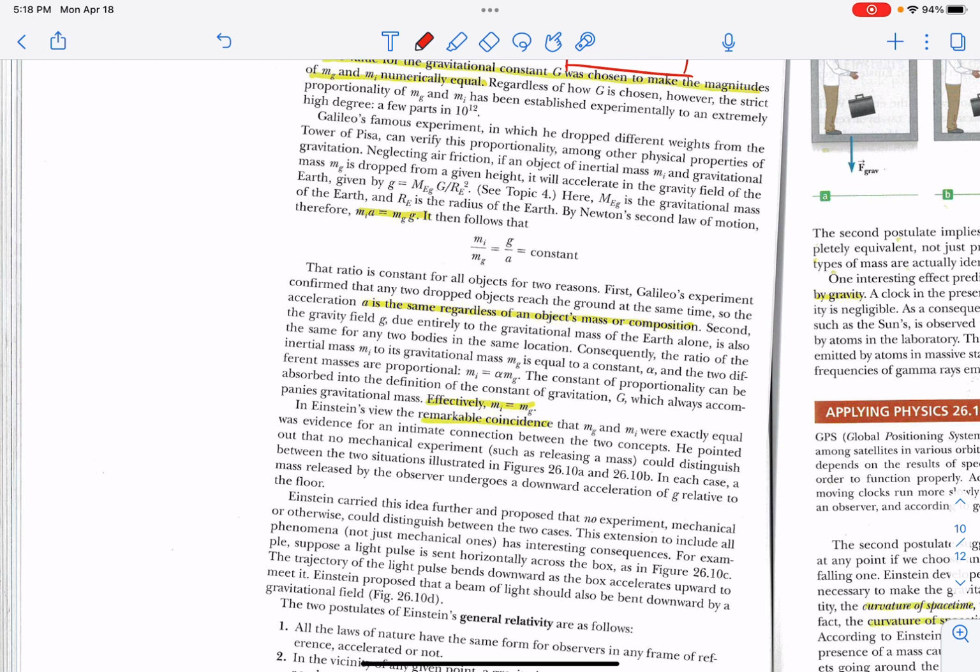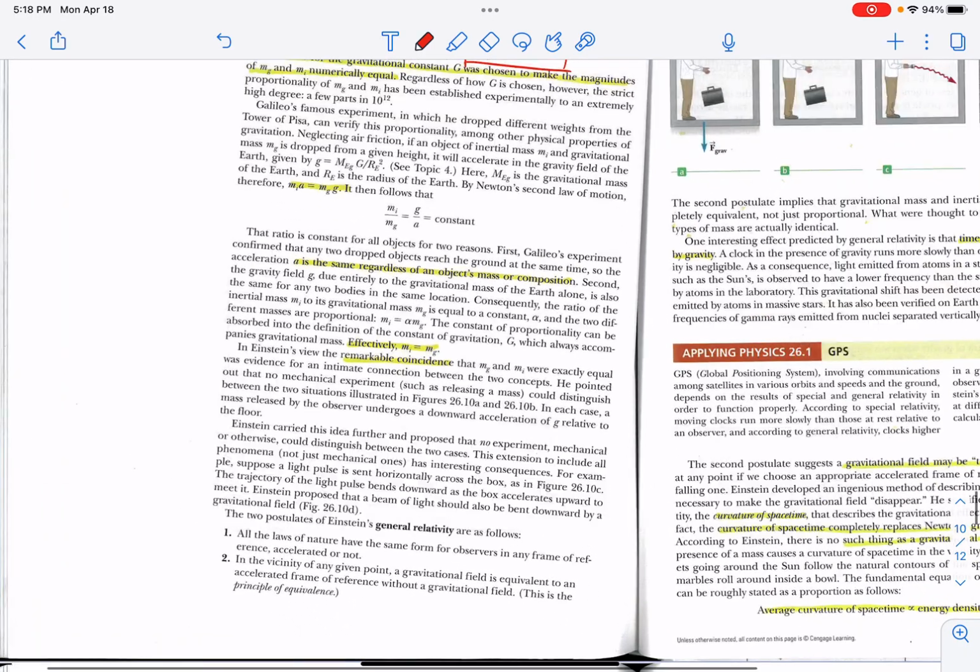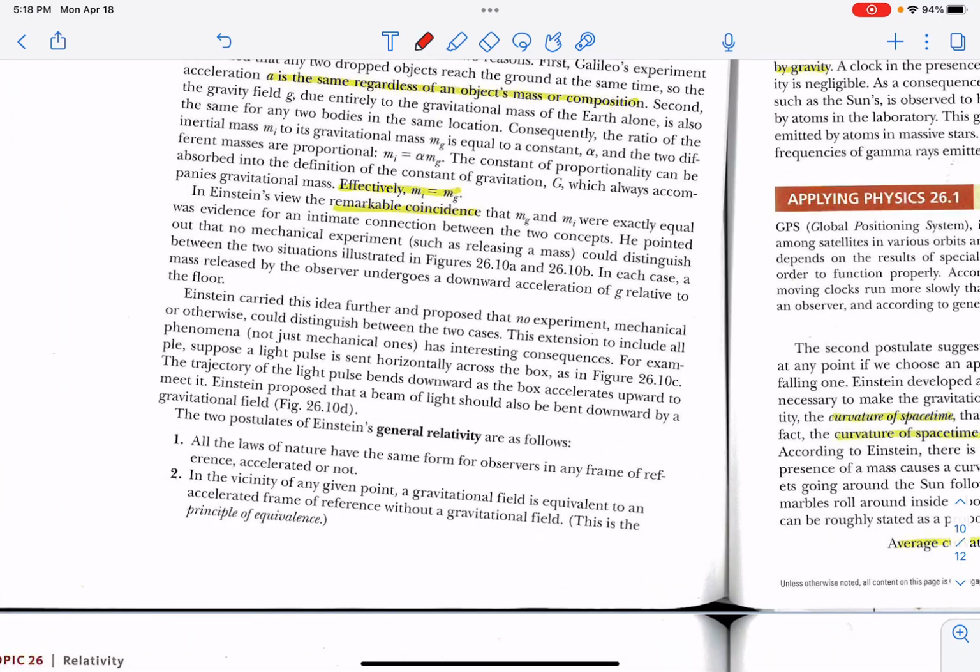What mass actually does is it warps space. And therefore, when objects fall towards an object with mass, it's not because the mass and the gravity of that object is pulling it in, but because the space has been warped or contorted in the vicinity of that mass, and the object is merely following the contours of that curvature.